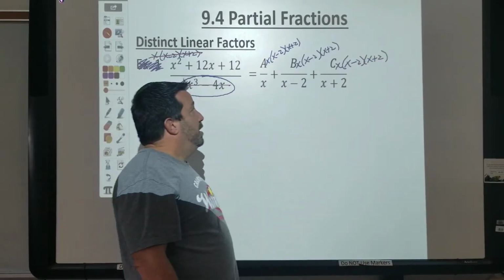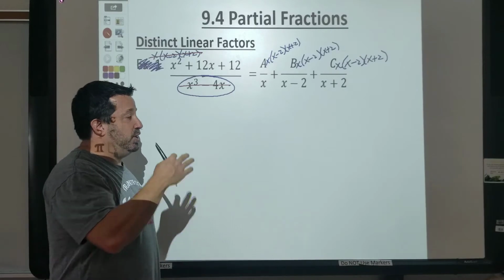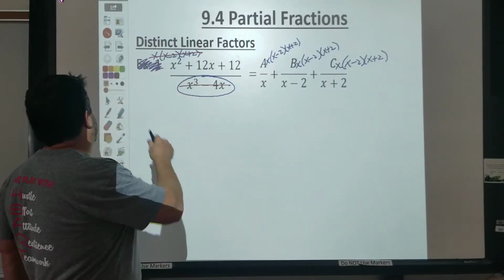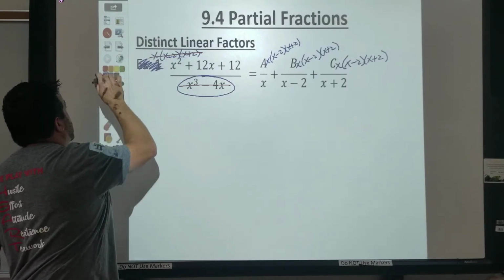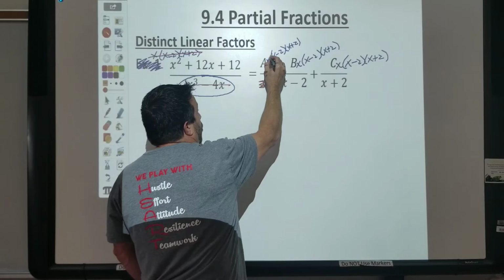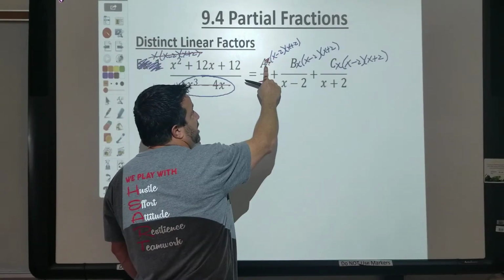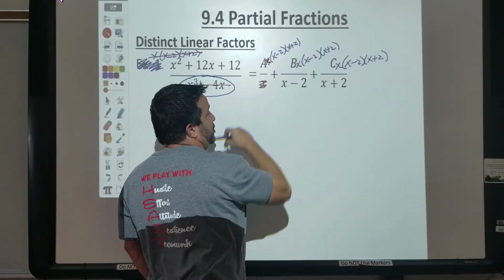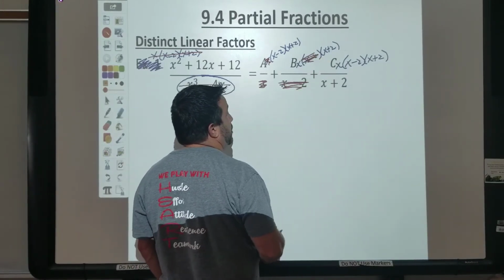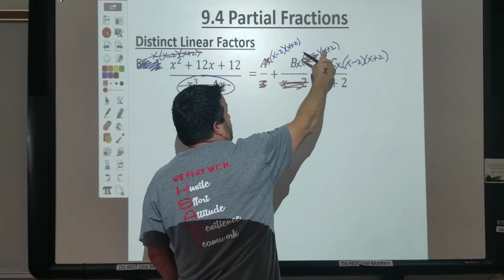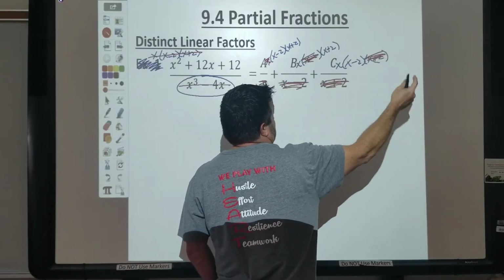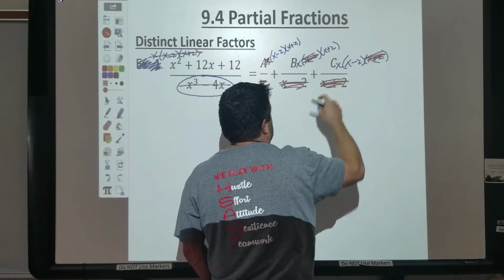So this is a technique I know you've seen before to get rid of fractions, and it gets rid of it on the left side, and then on the right side, it gets rid of each of your denominators, but it only gets rid of part of the numerator. So this x only cancels out with this x. So this A still is multiplied by x minus 2 and x plus 2. This x minus 2 cancels out with this x minus 2. So now I still have B times x plus 2. This x plus 2 cancels out with this x plus 2. So now I still have C times x minus 2.